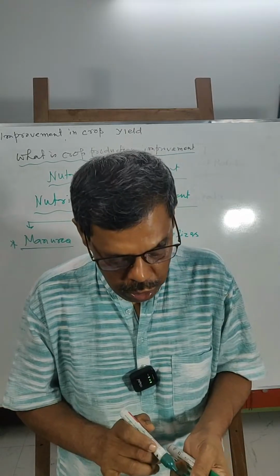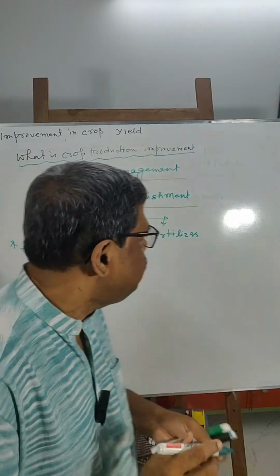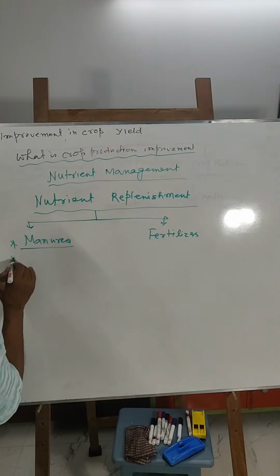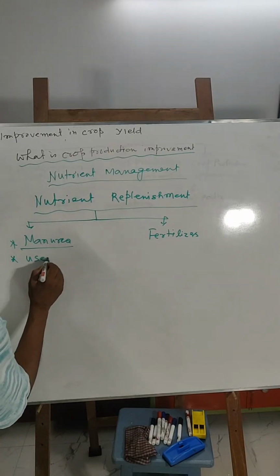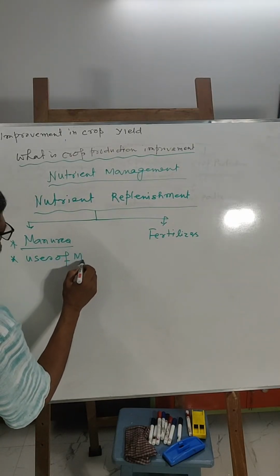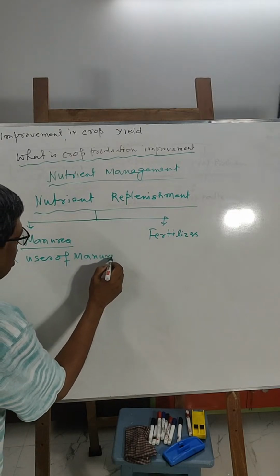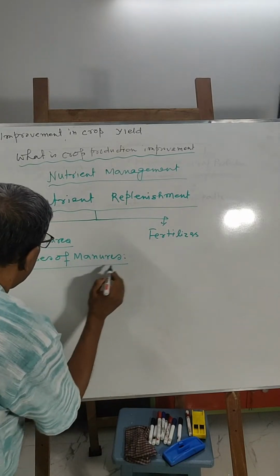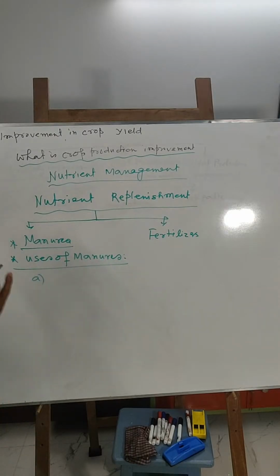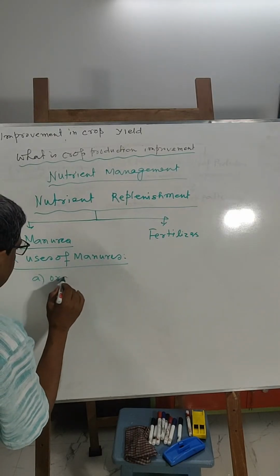Uses of manures. Number A, organic matter.